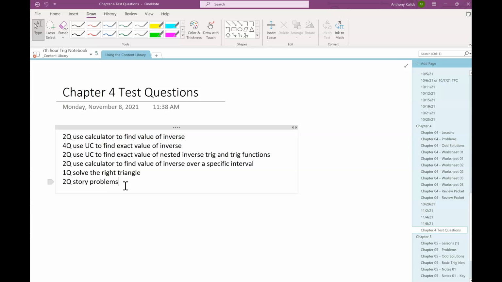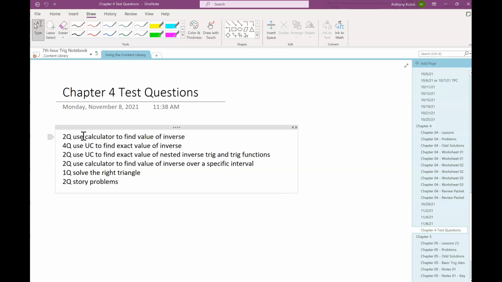Jay, did you say the first 2 were on again? So the first 2 is just literally type it in your calculator and write down the number. You just have to make sure you're in the correct mode based on the directions, whether you should be in degrees or radians. But it's just type in your calculator, write down the number. Just to make sure that you can use your calculator at the most basic level.